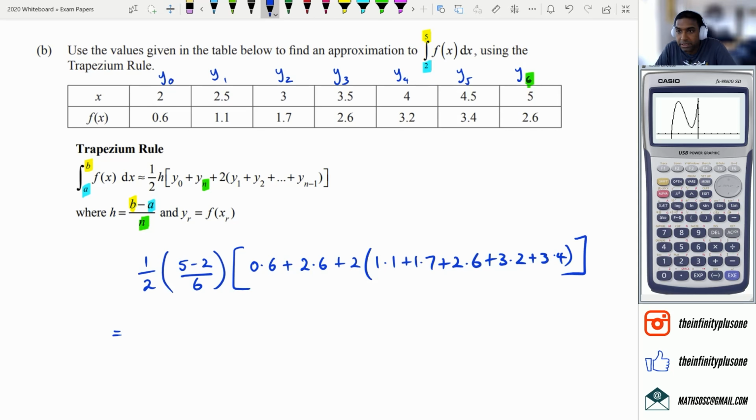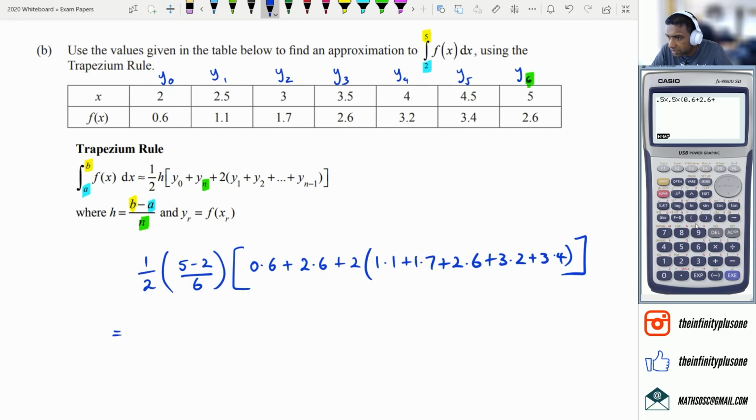So putting this all in the calculator, we should have our answer. Let's go to that menu. What do we have? We've got 0.5 multiplied by 5 minus 2 over, that's 3 over 6, which is another 0.5. Multiplied by bracket, and we have 0.6 plus 2.6.